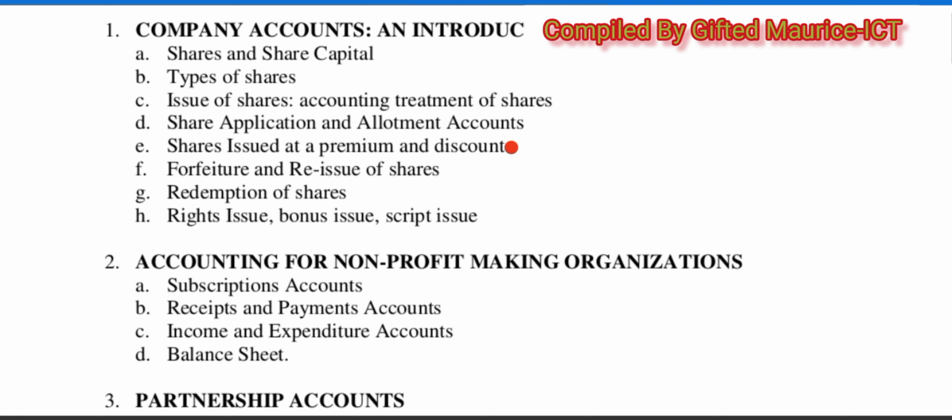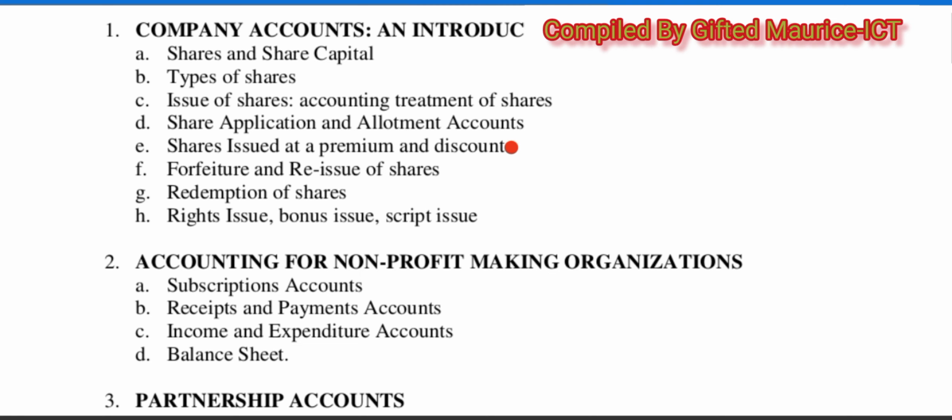And we will then look at how we maintain the records of issue of shares. And after we look at those various methods and the accounting treatment of issue of shares, sometimes when a company issues shares, they may require that the payment for such shares be done in installments.